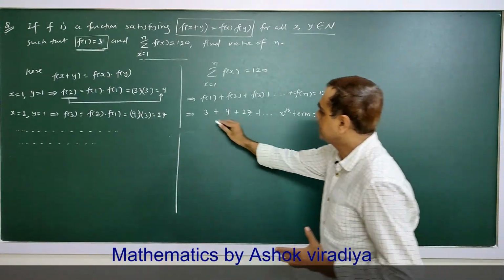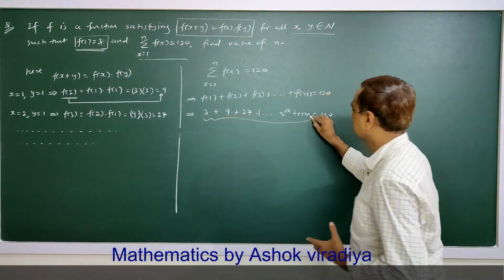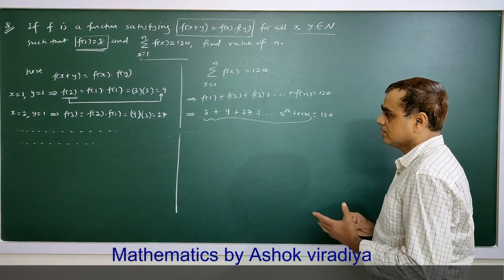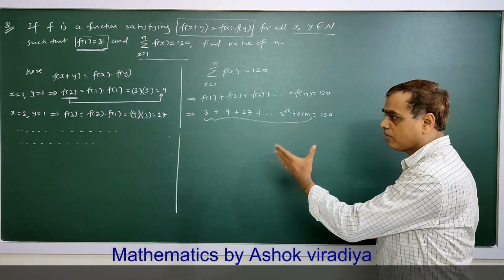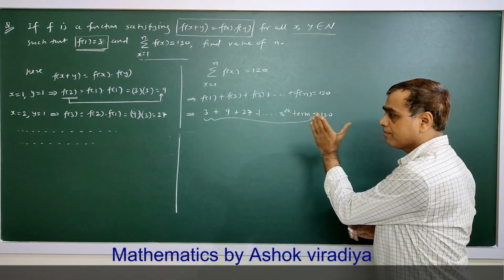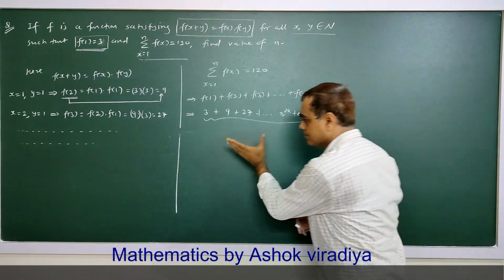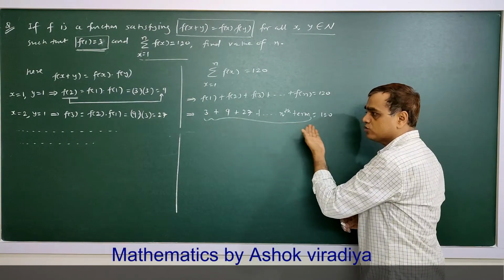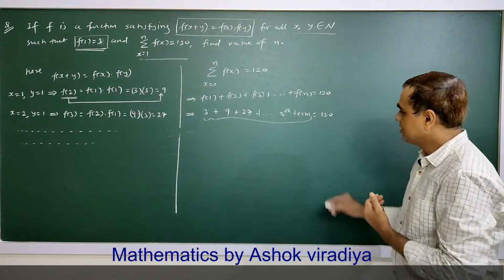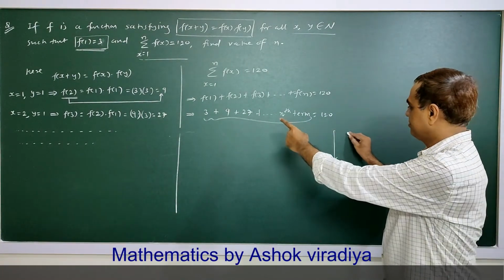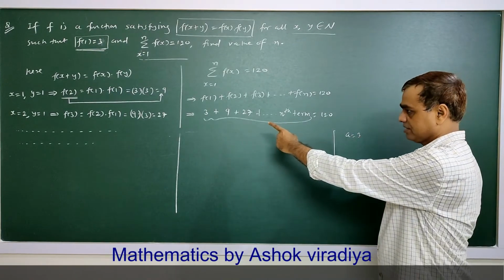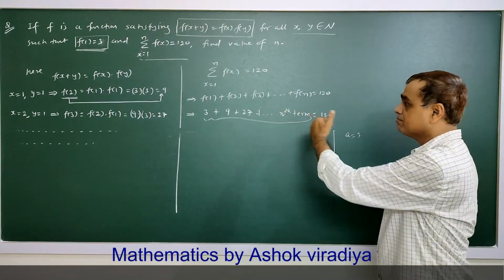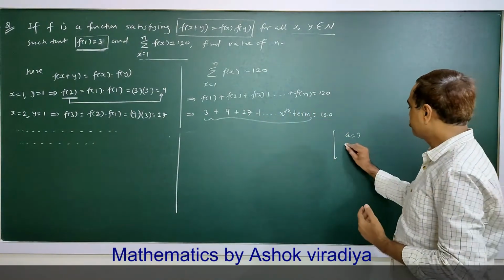Observe this series. This is sum of terms of geometric progression. This is the series related to GP. So here first term a is 3, then every number is multiplied by 3, so ratio is 3.